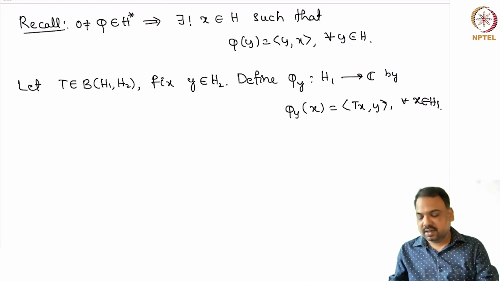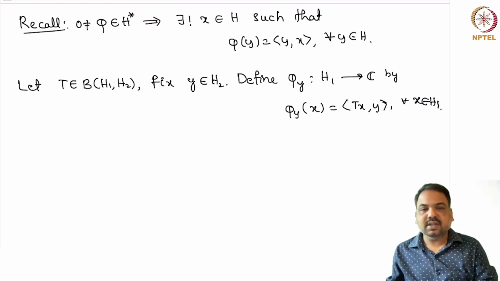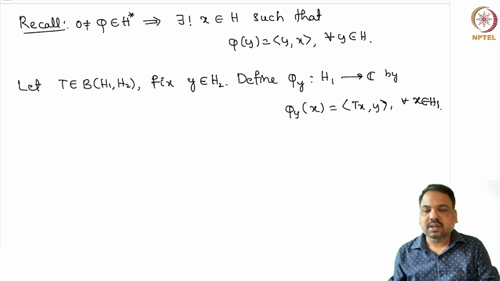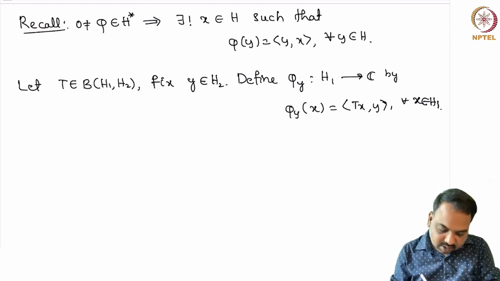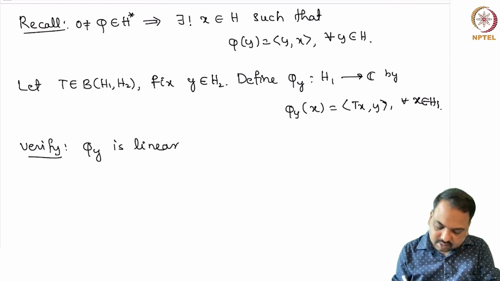Phi y is defined on H1 and sends x into the inner product of Tx with y. Now since T is linear, it is easy to verify that phi suffix y is linear.